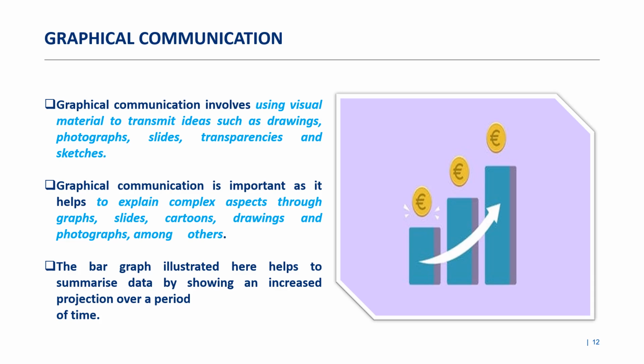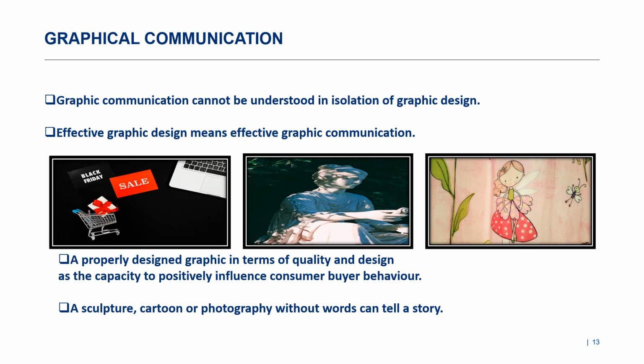So graphical communication is very, very important. For modern-day organizations, it helps to collapse a lot of information into easy, understandable information. Remember, I said graphic communication helps to simplify complex information into information that can easily be understood by everybody. That is one function of graphic communication.